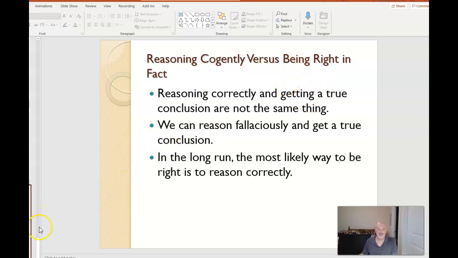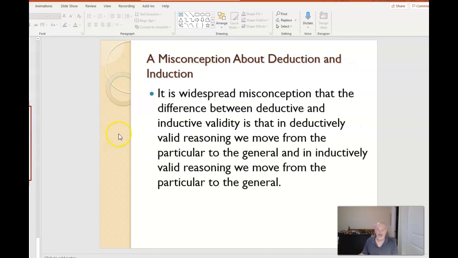Reasoning cogently versus being right in fact. First of all, back up. I missed this screen. The book makes a big deal out of this: the particular to the general to the particular. It's unlikely that this is important to obsess over.